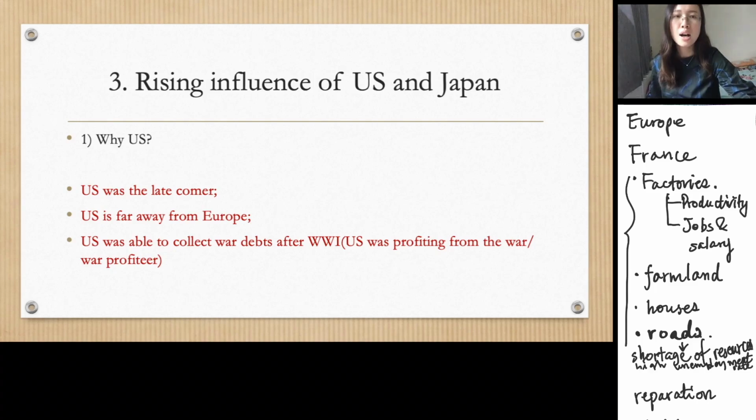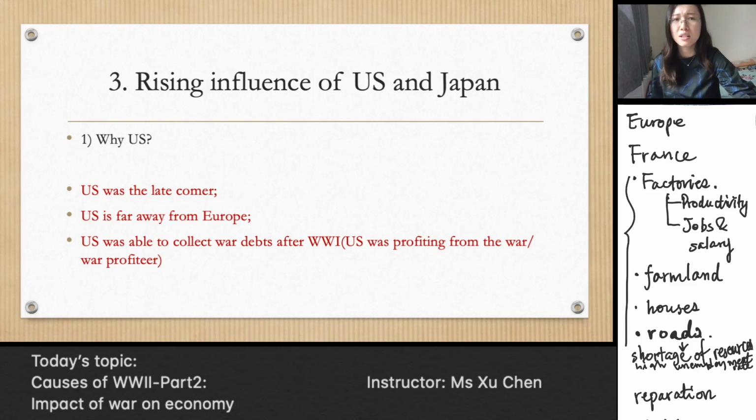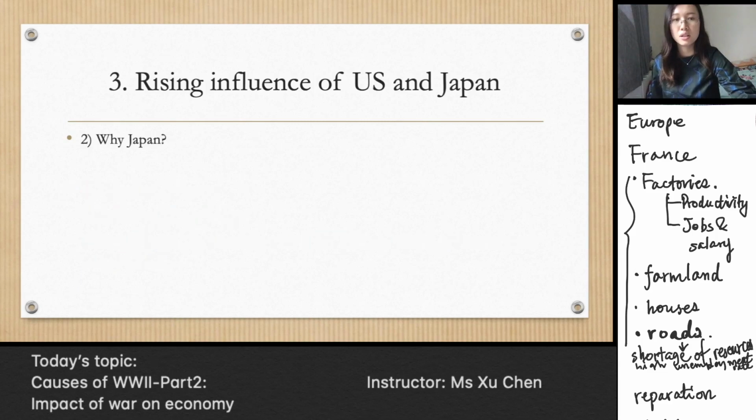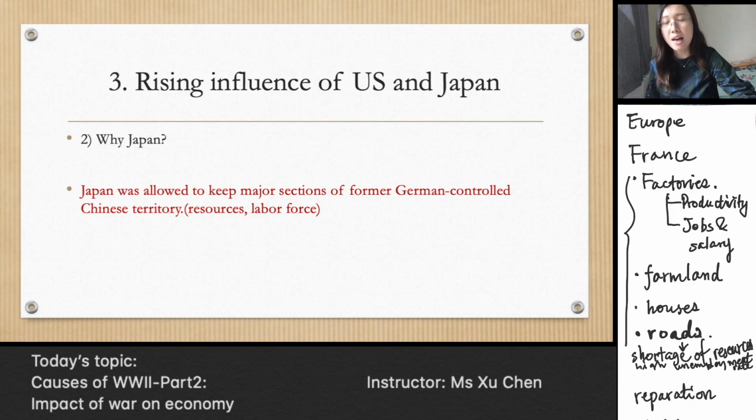So I think these are the three main reasons to explain why the US was having a rising influence after the First World War. But how about Japan? Why were they also having a rising influence? First, importantly, they were allowed to keep a major section of former German-controlled Chinese territories. What does it mean by former German-controlled Chinese territories? It's the time when all the European countries came to China and tried to change China into their colonies, right?